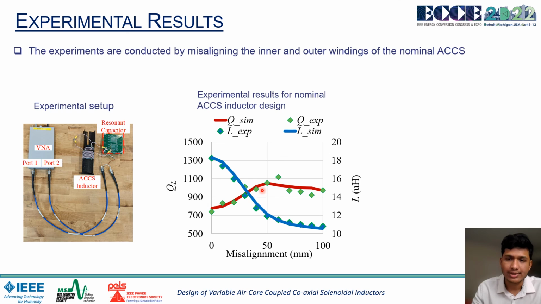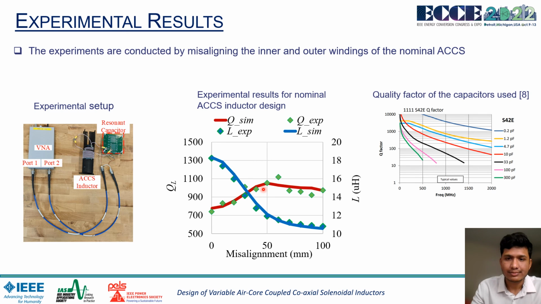This is because the FE analysis modeling of the leads wire has a comparatively lower quality factor than experiments. The quality factors of the capacitors used are shown here. In this case, it can be observed that quality factor is almost inversely proportional to the capacitance value.